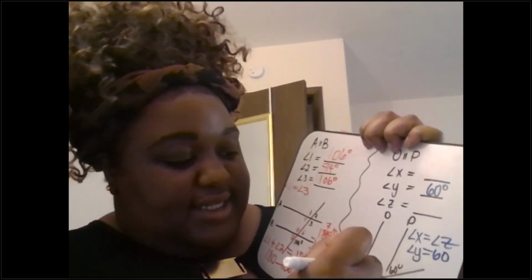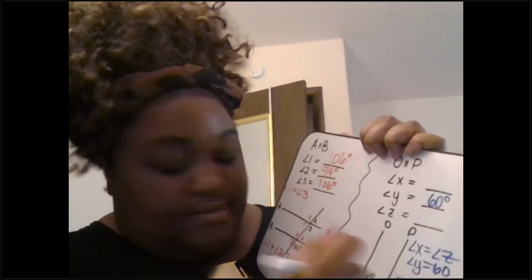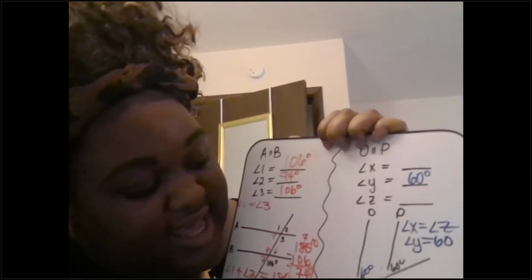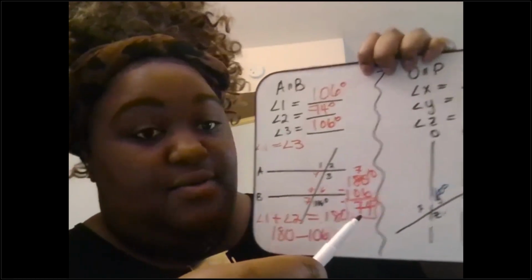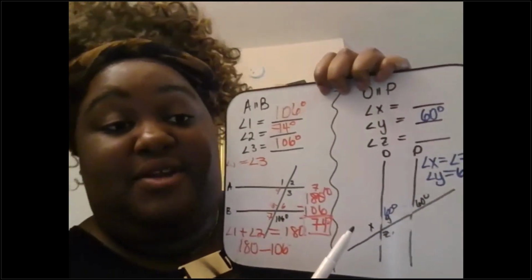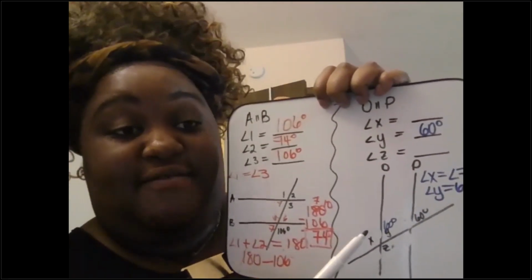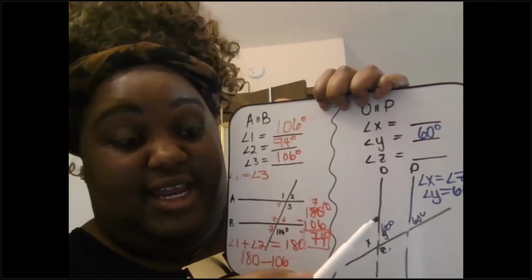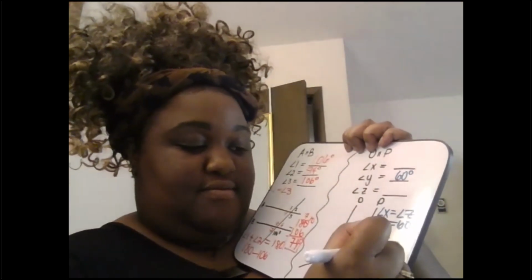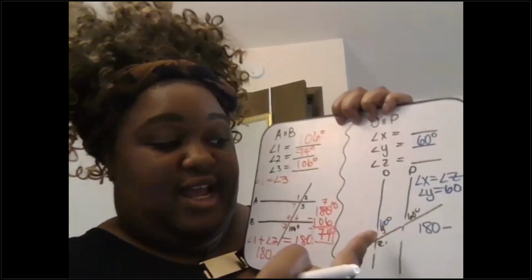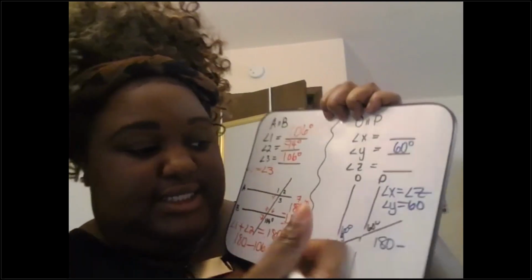Okay. So now I know that Y is 60 degrees. And if you look at this, X and Y, remember in our relationships, X and Y are supplementary. So that means the larger angle they form is 180. So I can do 180 minus the angle that they gave me, which I figured out, which was 60.